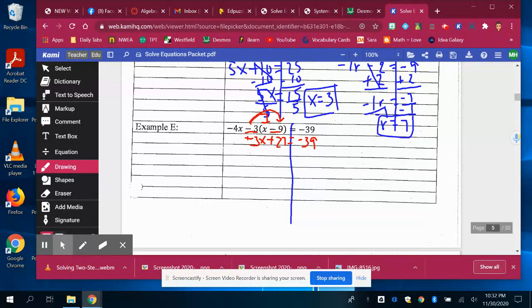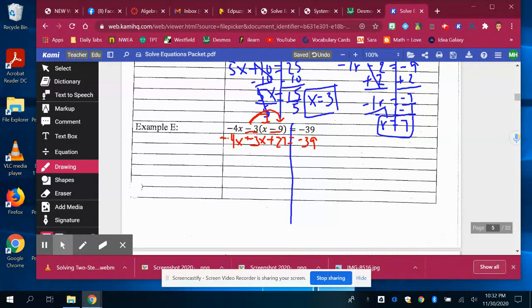I want to do one step at a time, because if I try to do more, just like with order of operations, I will get myself mixed up. So now notice I am not simplified all the way on the left side. I have a negative 4x minus 3x, and those are like terms. So I can combine those.